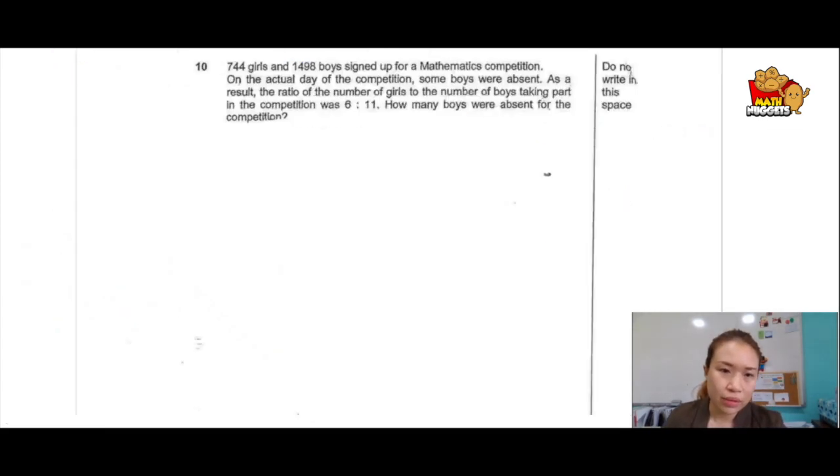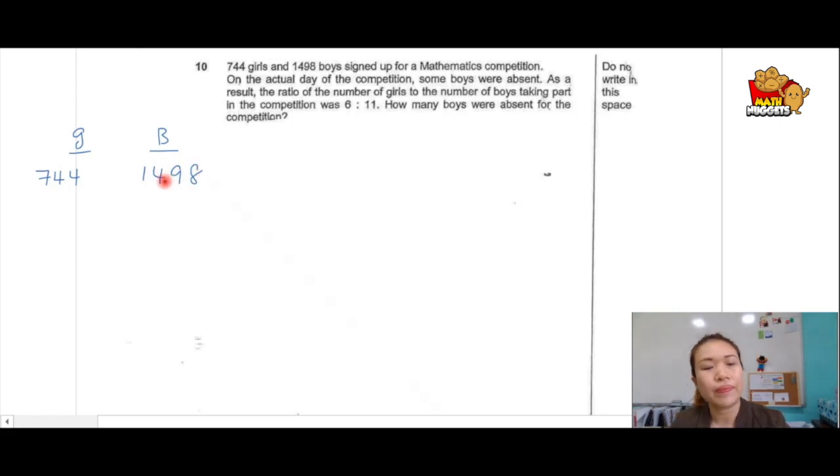Question 10. So we know the girls and the boys that signed up for a math competition, 744 girls, 1,498 boys. However, on the day of the competition, some boys did not attend. As a result, the ratio was 6 is to 11.